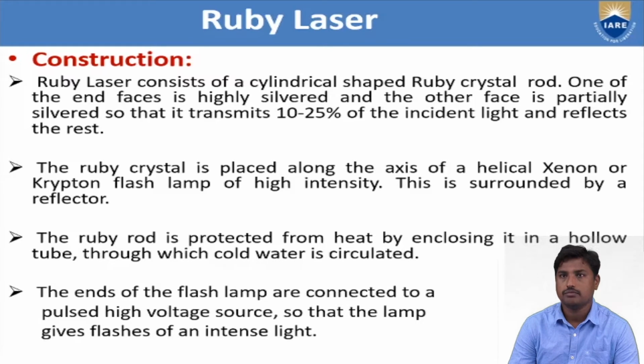Coming to the second point, the ruby crystal is placed along the axis of a helical xenon or krypton flash lamp of high intensity, surrounded by a reflector. The ruby rod is protected from the heat by enclosing it in a hollow tube through which cold water is circulated.